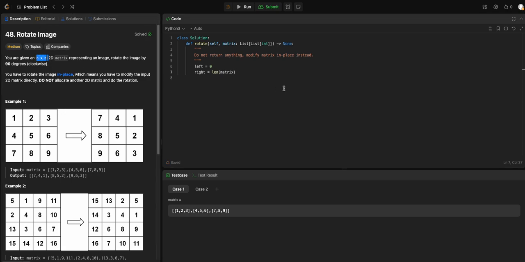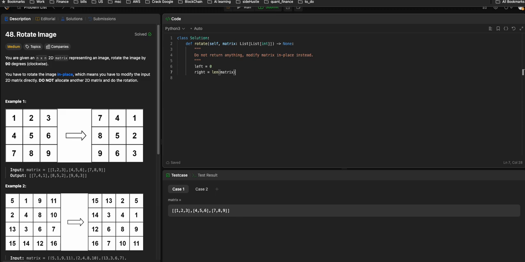While left is less than right, top is equal to left and bottom is equal to right.